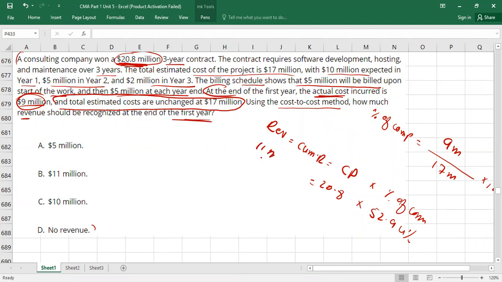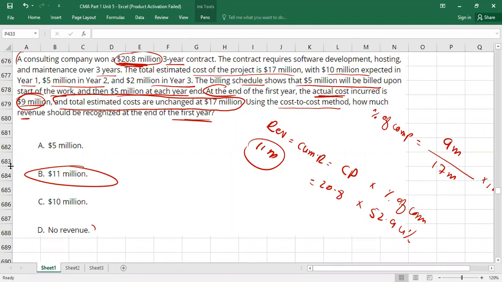Okay, almost 11 million. So what is your correct answer? B option. Understood? We did the first example for all 3 years. In your exam, most of the time the question will be like this, which you have calculated now. Simple, more simple.